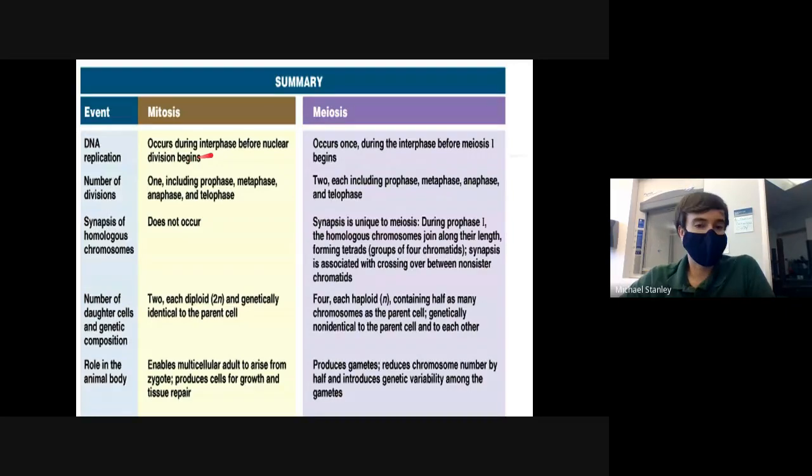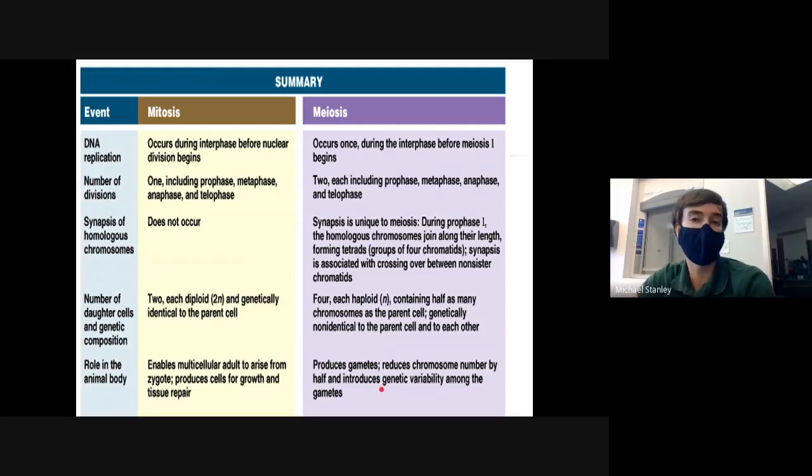So in summary, mitosis only goes through 1 division. Meiosis goes through 2. At the end of it, mitosis makes 2 identical diploid cells, whereas meiosis makes 4 unique haploid cells. Mitosis happens in order to have animals and plants grow and develop new cells and replace cells that die or get damaged.